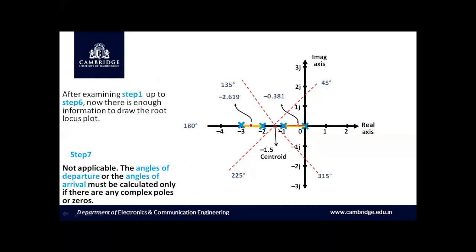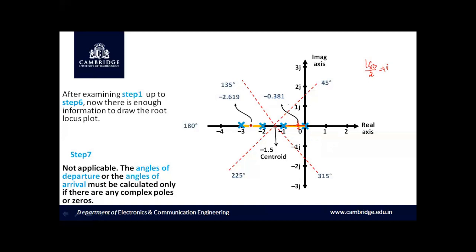Now the branches will break away at 90 degree. The angle is given by 180 degree divided by the number of branches. As we have two branches in this case, this will break away exactly at 90 degree. So exactly at this point it will break away.